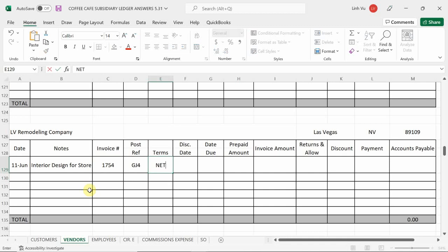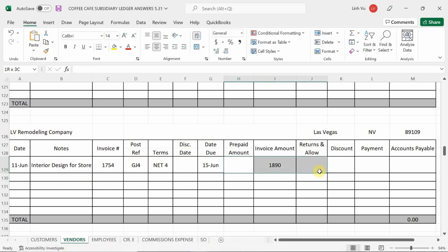Yes, 4 days. So therefore, it was already written on the bill that our bill is due on the 15th of June. No prepaid accounts because we never met them before and paid them in advance, but we were billed for $18.90. And we have not yet paid.